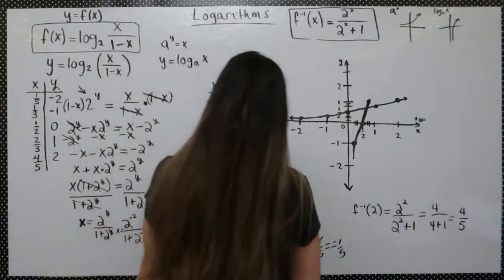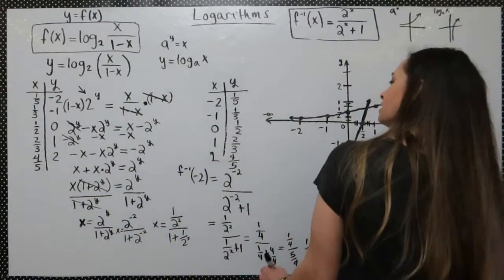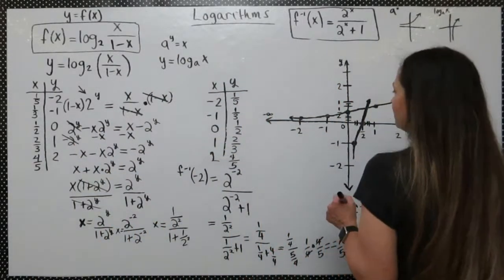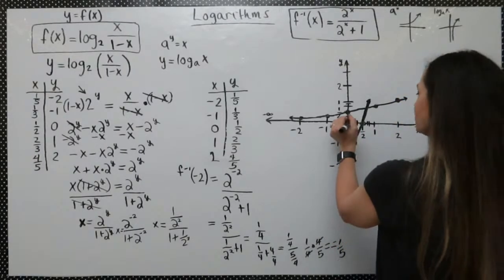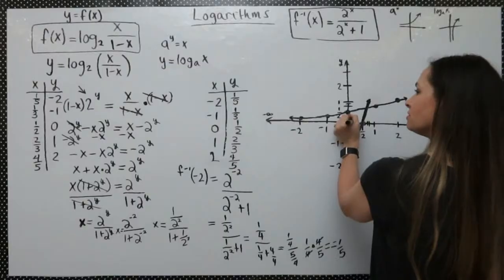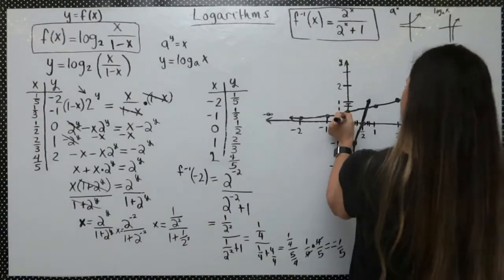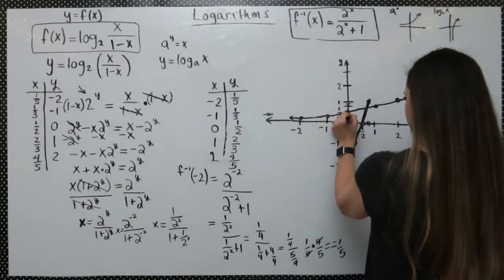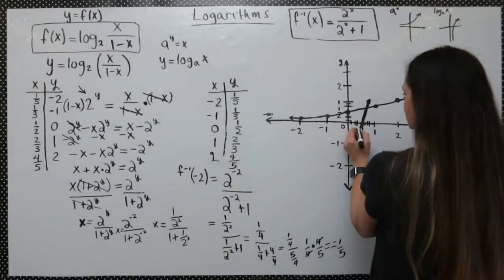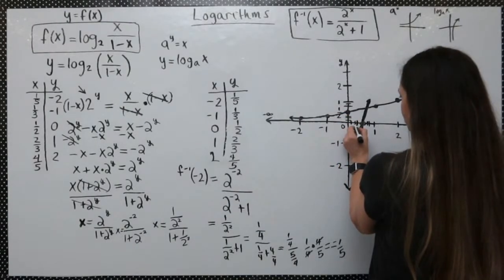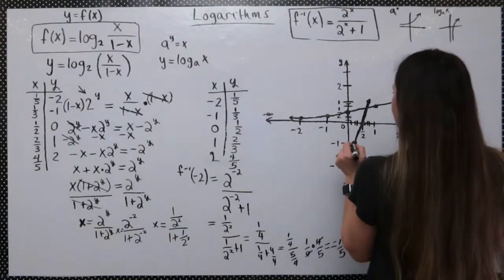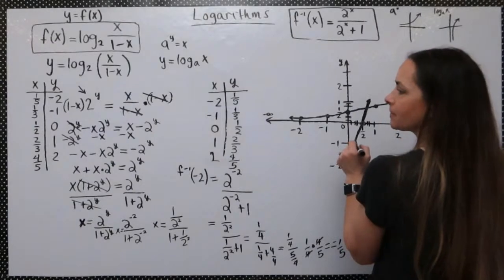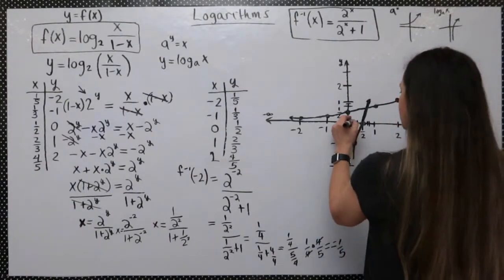So I can just hurry up and sketch this real quick. Leave the suspense. 1/5 is going to be real close to the 0 here. Because that was 1/4. So 1/5 is probably right here. And so we have 1/5 negative 2.